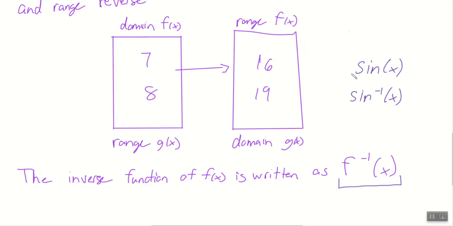Well, this is sine of x. How do you say this one? Not -1. Inverse. So this is the inverse of sine. So down here, this is f inverse of x.